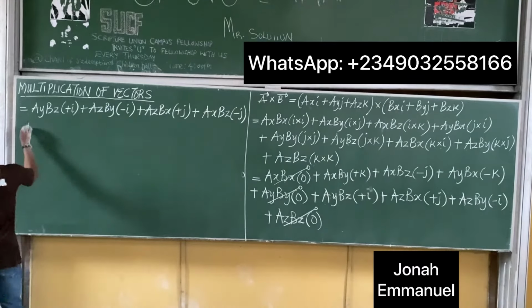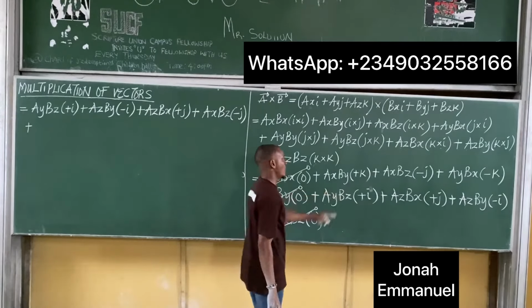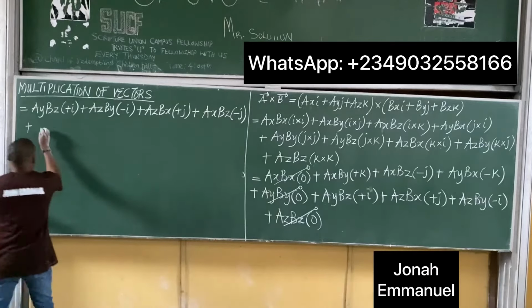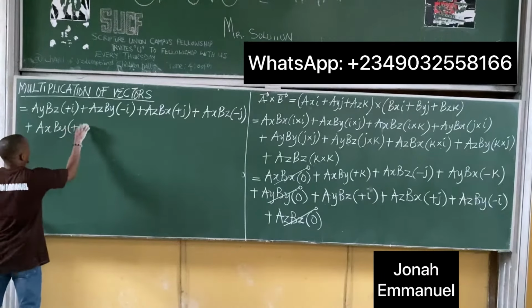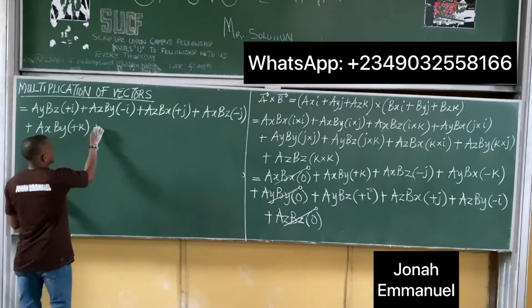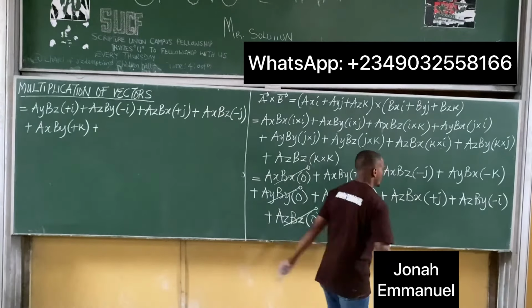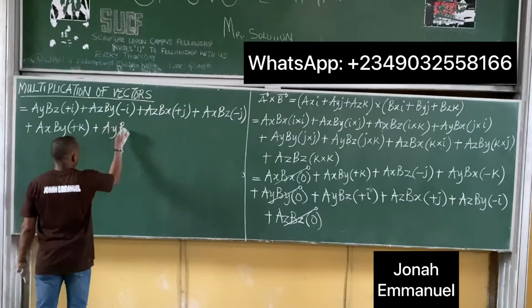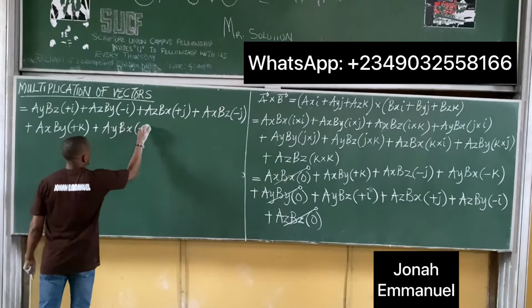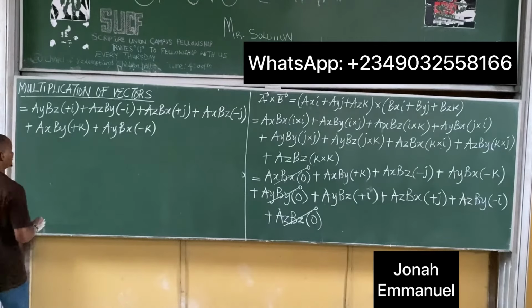Plus take plus k. Plus k is this one here, AXBY. So plus AXBY, that's plus k. Plus get the minus k. Minus k is this one here, AYBX into minus k. Alright, for this now, we'll now factorize them.